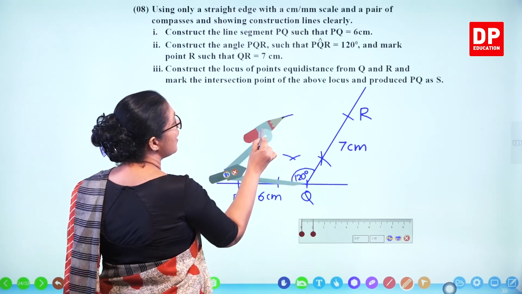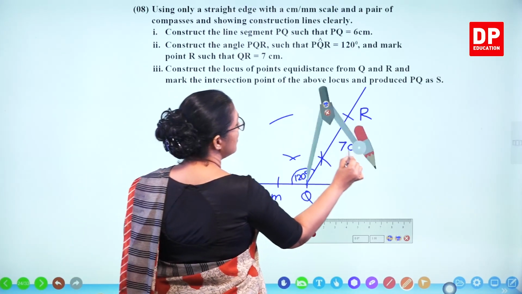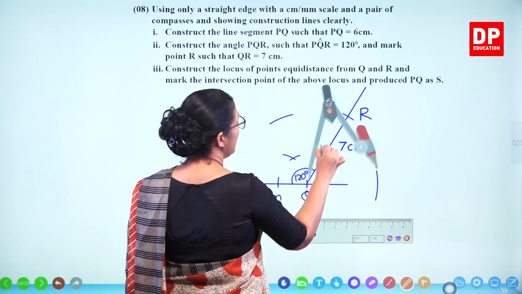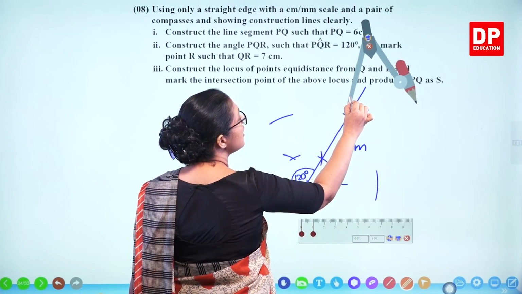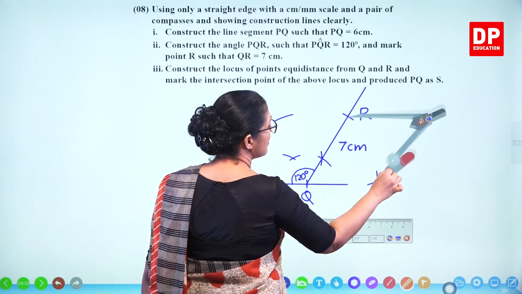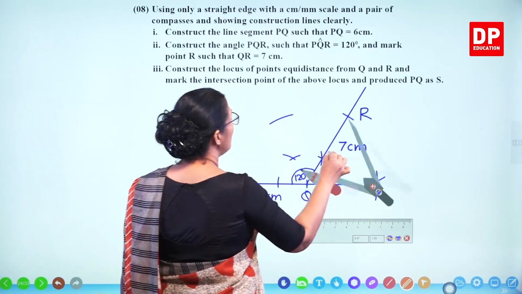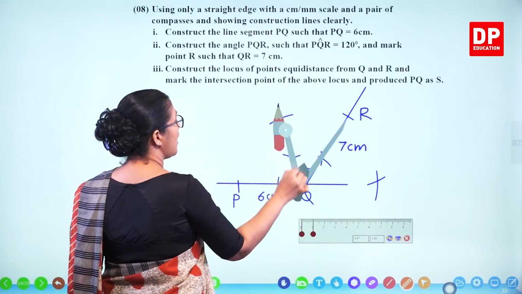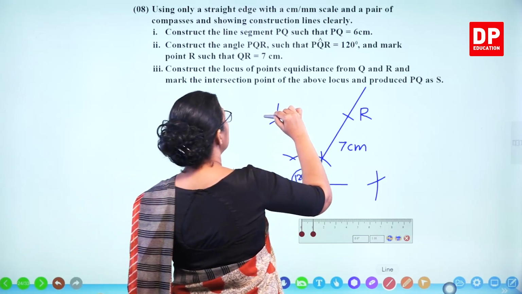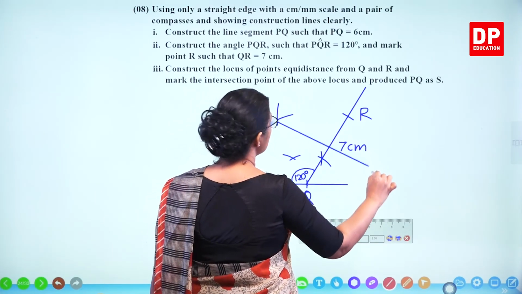So you can draw an arc above and below and keep it on point Q. Again, arc below and above. Now we have the perpendicular bisector.